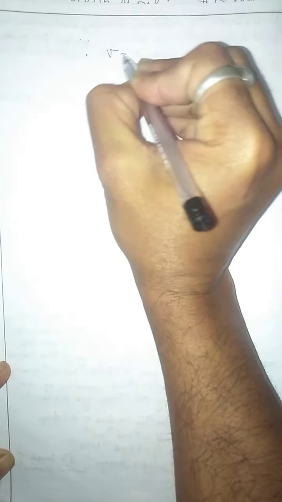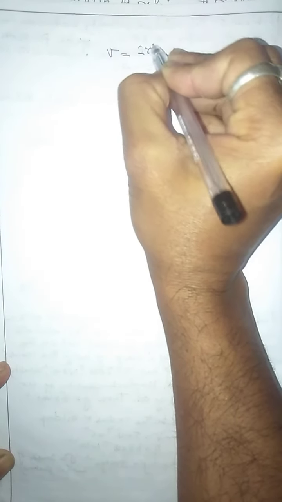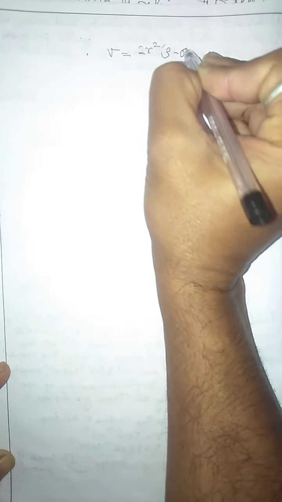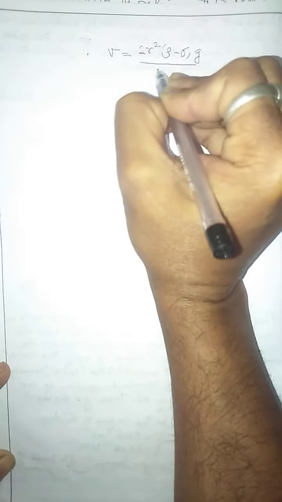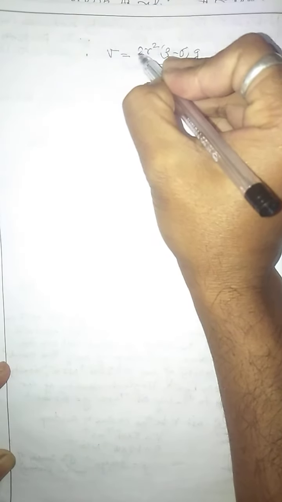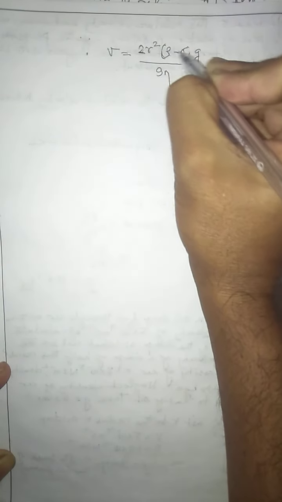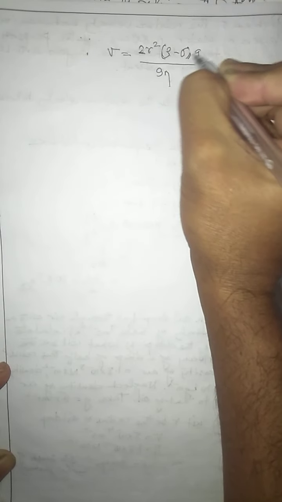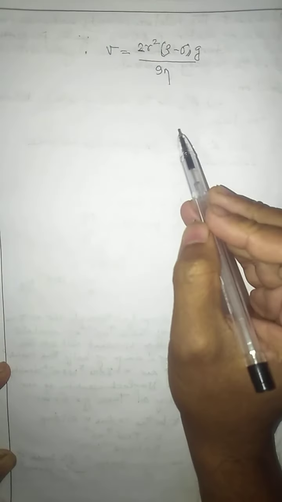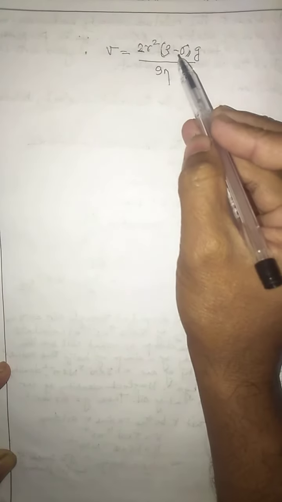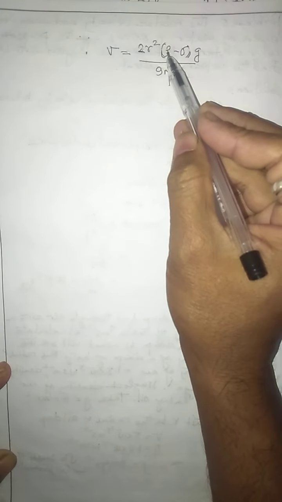Now children, in order to calculate the radius of that oil drop, I use the formula of terminal velocity. You know what is the formula of terminal velocity? v equals 2r square, rho minus sigma, g by 9 eta. So I am writing the formula again: 2r square bracket rho minus sigma bracket g by 9 eta. Okay. So in this expression, we know everything because g value is also given. Now the only thing is that we have to neglect this sigma as compared to rho.